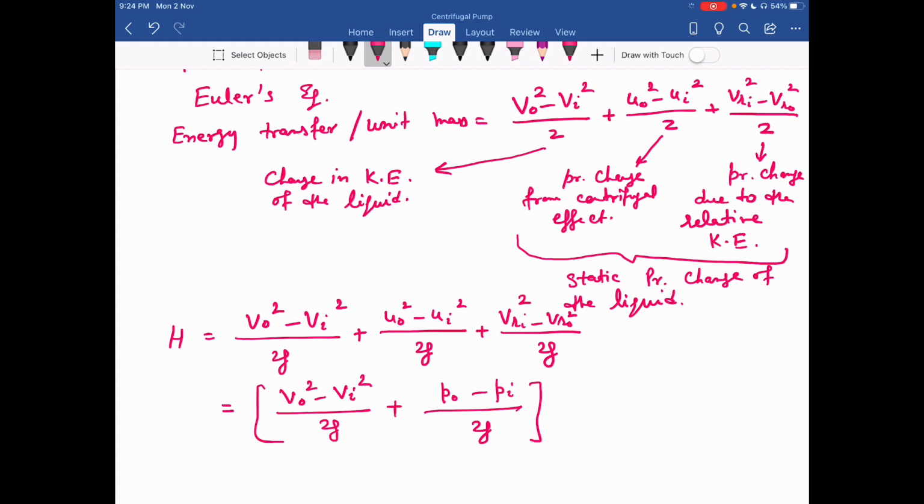So this head H, I can call it as theoretical head, which is the sum of two heads. One is the velocity head and second is the pressure head.